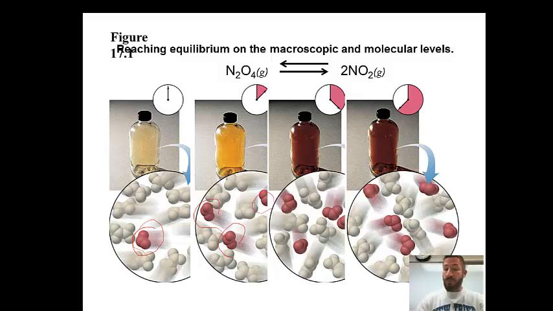And then here it becomes more brown, and there's more nitrogen dioxide. Here you have a very brown mixture, and there's a lot of nitrogen dioxide. Now, any of these could be an equilibrium mixture because equilibrium is dependent on your temperature. So you can shift equilibrium based on temperature.